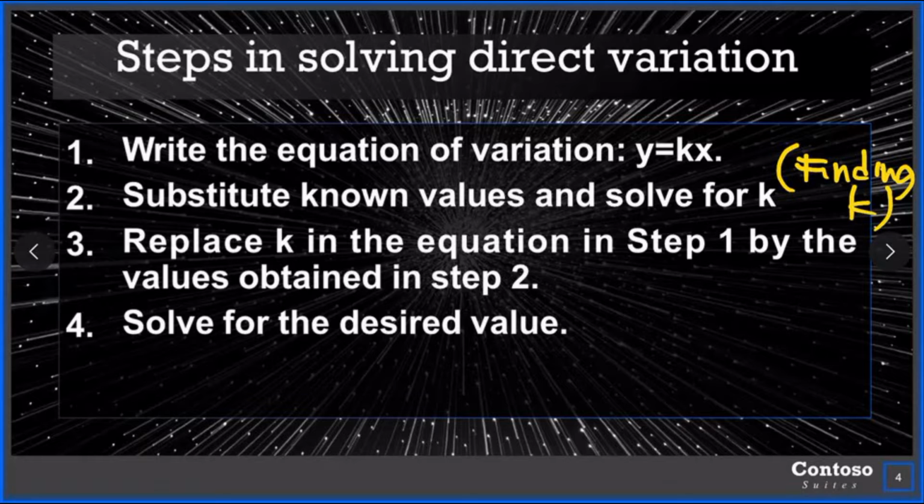Step number three, replace k in the equation in step number one by the value obtained in step number two. So in step three, we are just creating the equation of variation.